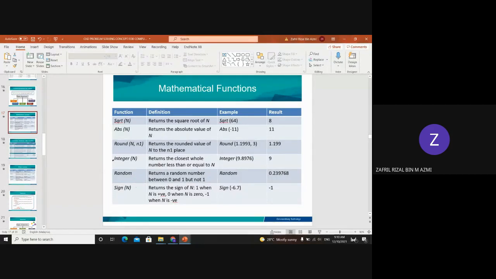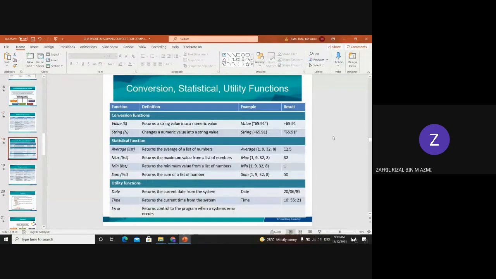I'm not sure of the total, maybe 100, maybe 1,000. But there are a lot. Not only these functions, we have tangent, cosine function. We have many functions, just mathematical functions.